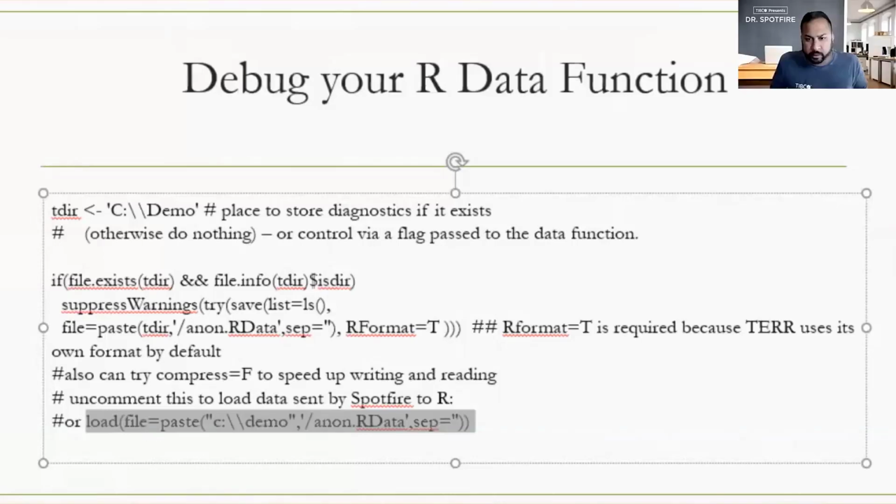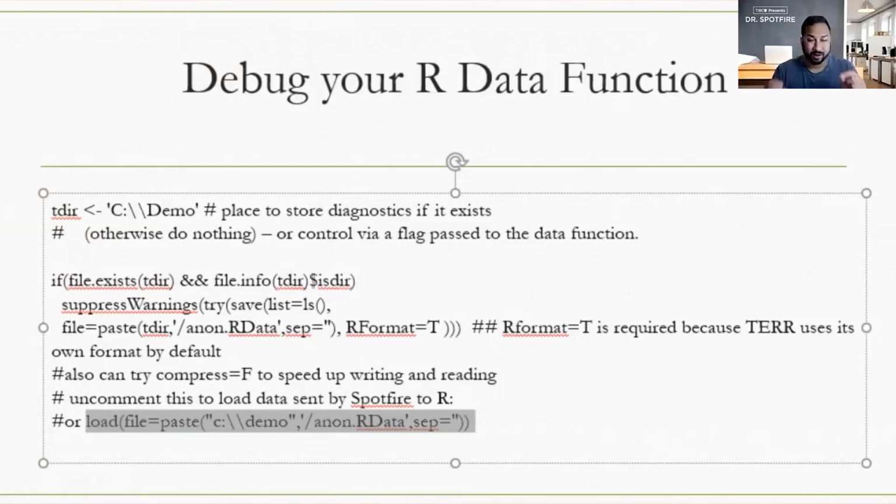Yeah, and just to hit this on the head with why this is so useful: Spotfire has these powerful data functions, but the IDE, the interactive developer environment, is not as good as something like RStudio. And so you want to take everything in your R session or your TERR session in your environment, and you want to be able to open that up in RStudio and go back and forth.